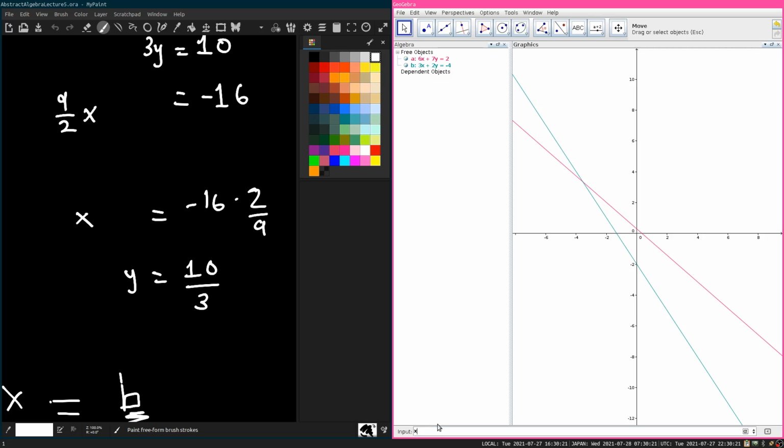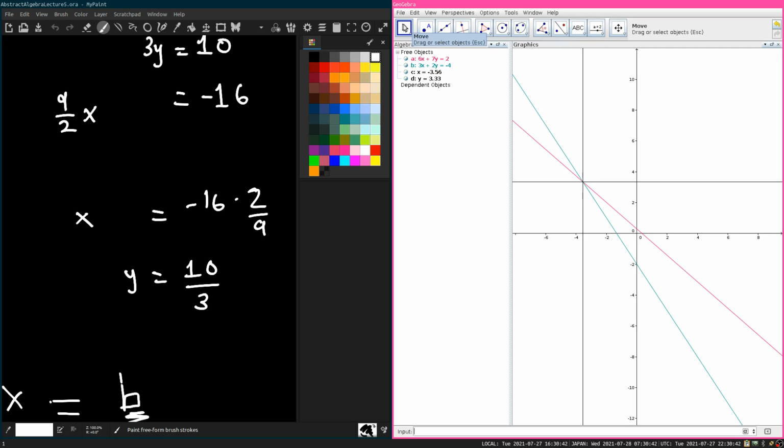And when we go all the way down to the bottom, we got that, okay, I'm going to write this. X is equal to minus 16 times 2 ninths, or minus 32 ninths. That's a vertical line. And y is equal to 10 over 3. There's the horizontal line. So, geometrically, what this Gaussian elimination does is gradually change this system of two lines.